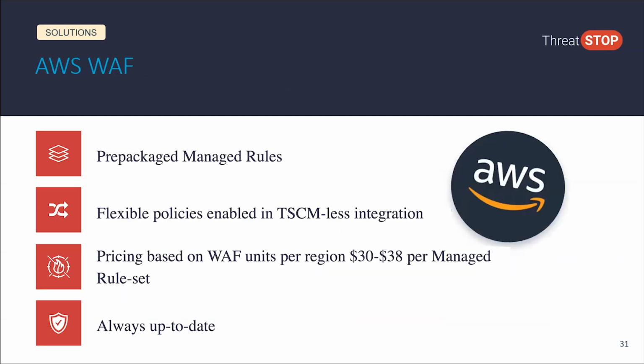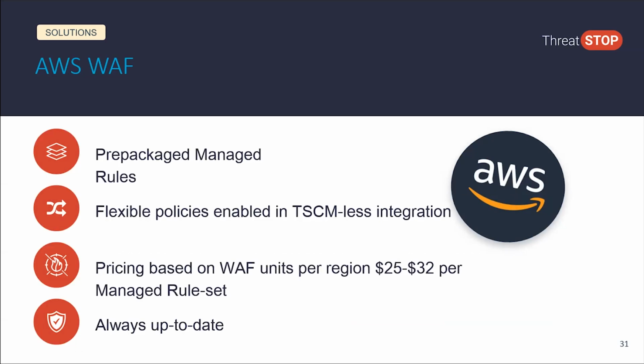Suppose you have a website running on Amazon Web Services. They have a facility called WAF, or Web Application Firewall, where you can just slap a firewall in front of your website hosted in AWS, and then you can just decide to send the policies to it.